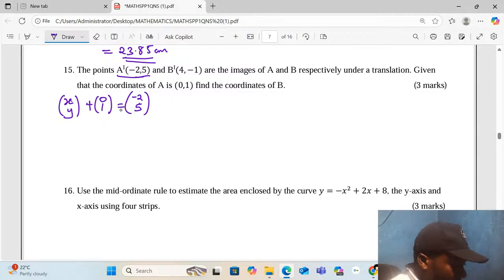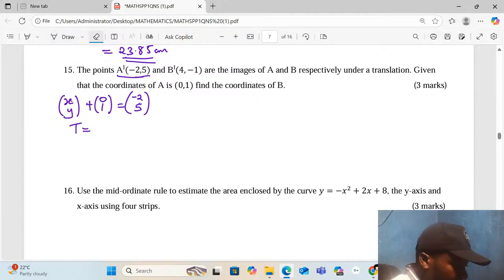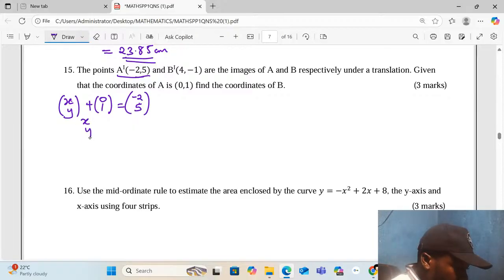So x plus 0 is negative 2, so x is negative 2.